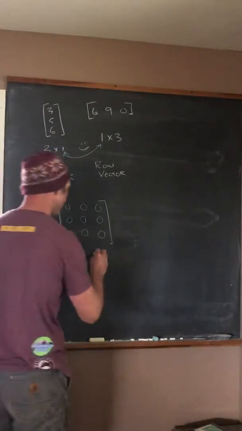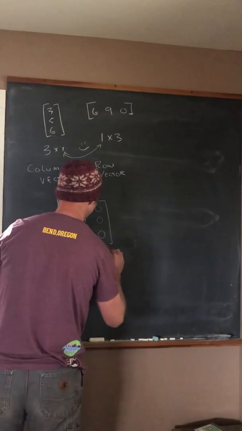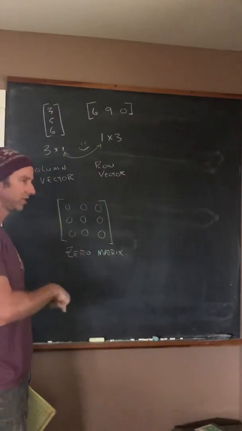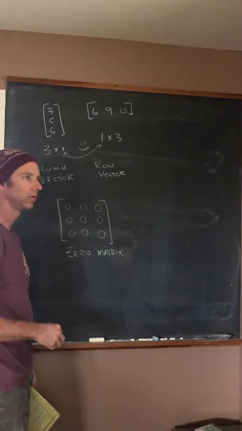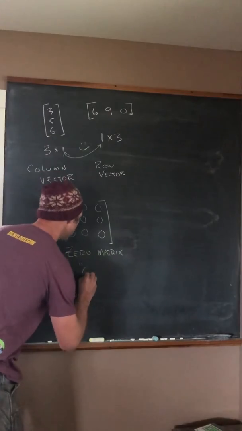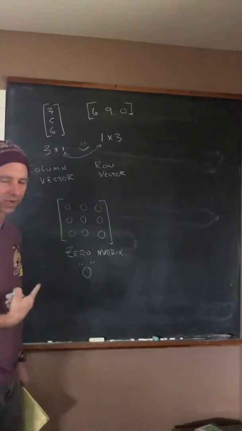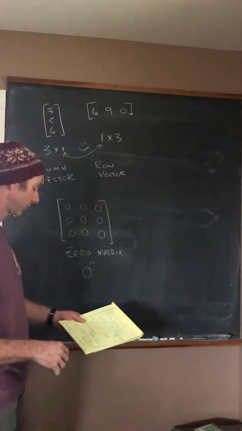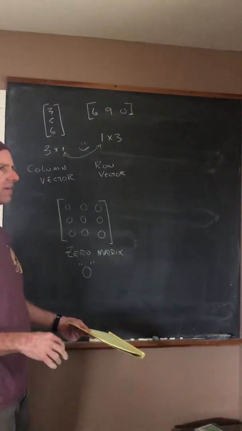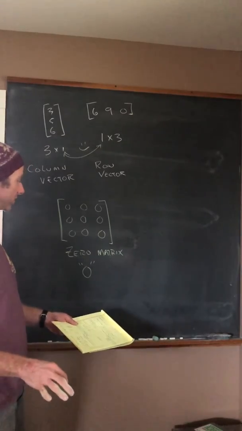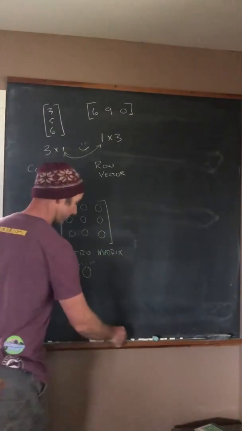This is the 0 matrix. This is equivalent to the number 0 in our typical math system, okay? You multiply a matrix by that, you get 0. It's also called the additive identity matrix. I'm not sure why. Okay, the other one is called the identity matrix.